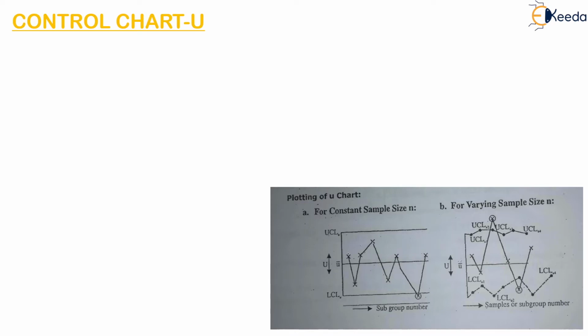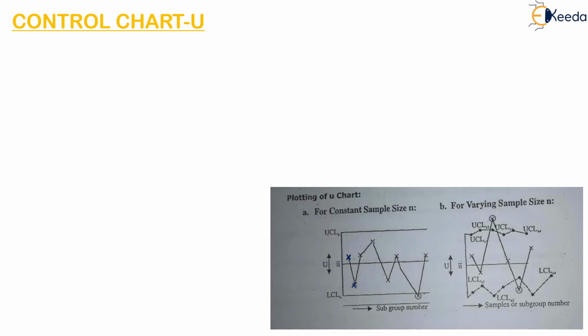So here there will be a single sample N, and we are marking the U values across the control limits. So if the points are going well outside these limits, then we can say that this process is not in control.